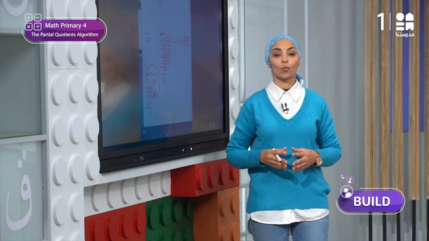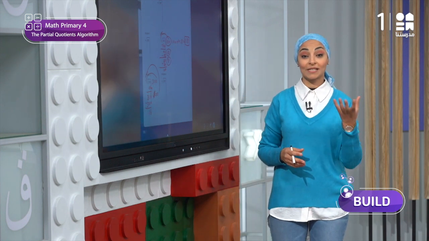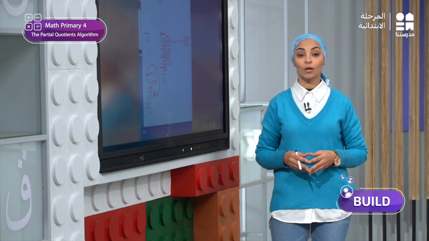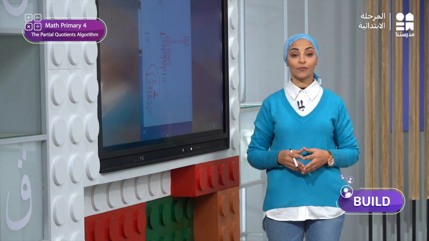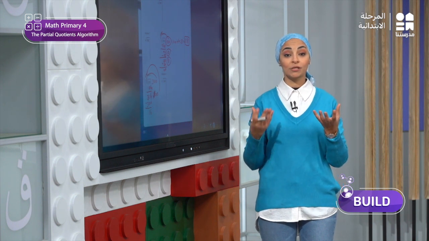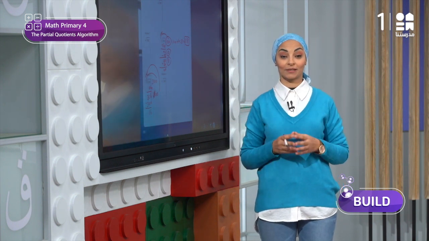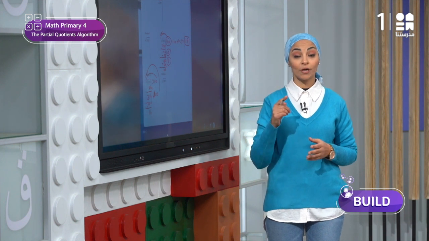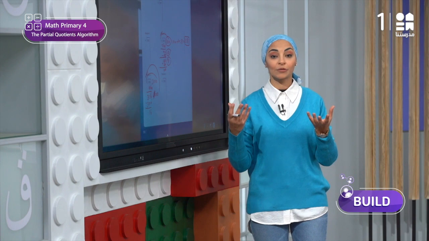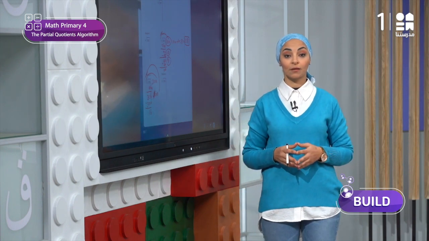Okay, then what should I do? Ask yourself, hey, is 16 a multiple of 3? Is 16 a multiple of 3? Of course no. 16 is not a multiple of 3. Now I want to choose a multiple of 3 close to 16 and less than it. What will I choose? Of course I will choose 15. Why? Because 3 times 5 gives me 15, right?